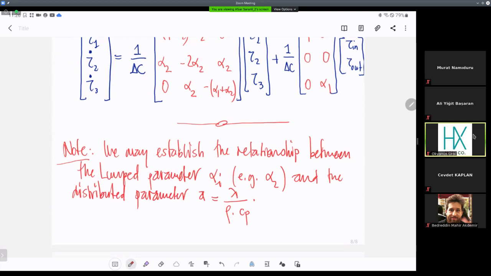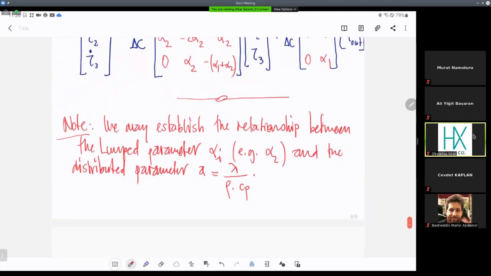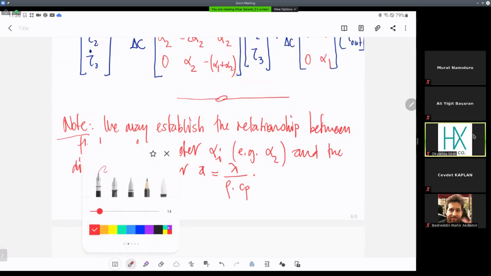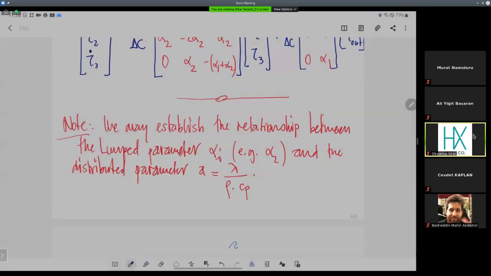So my claim is that we can establish a relationship between A and alpha. These are related parameters, but one is specified for the partial differential equation model and the other one is specified for the lumped parameter approximation. Obviously they are related with each other. Let's see how we can derive one from the other.